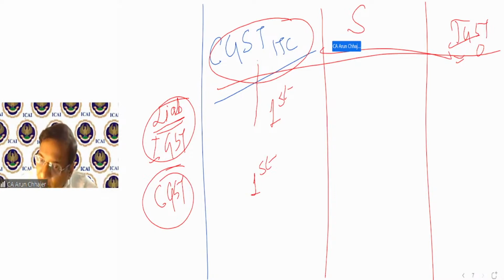Remember that the words any order, any manner, any proportion are for transferring the ITC of IGST to the liability of C and S. कहीं पे लिख लीजिए. Any order, any manner, any proportion का फंडा will apply to distribute the credit of IGST to the liability of C and liability of S. If you apply this concept somewhere else, then you will be wrong.